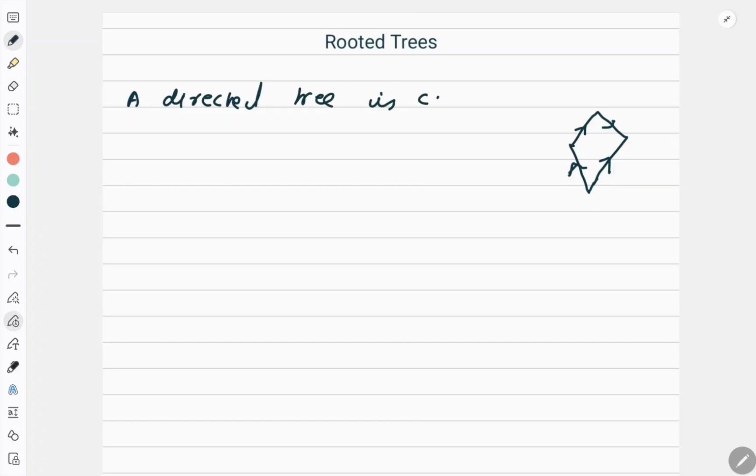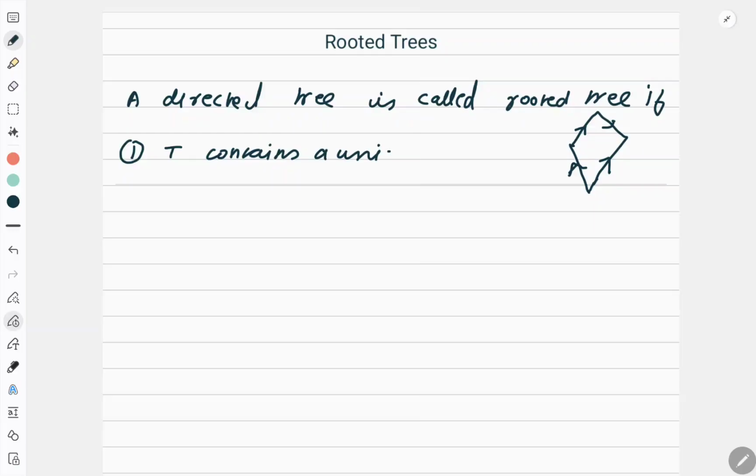A directed tree is called a rooted tree if it satisfies two conditions. First condition, T contains a unique vertex called root with in degree 0.